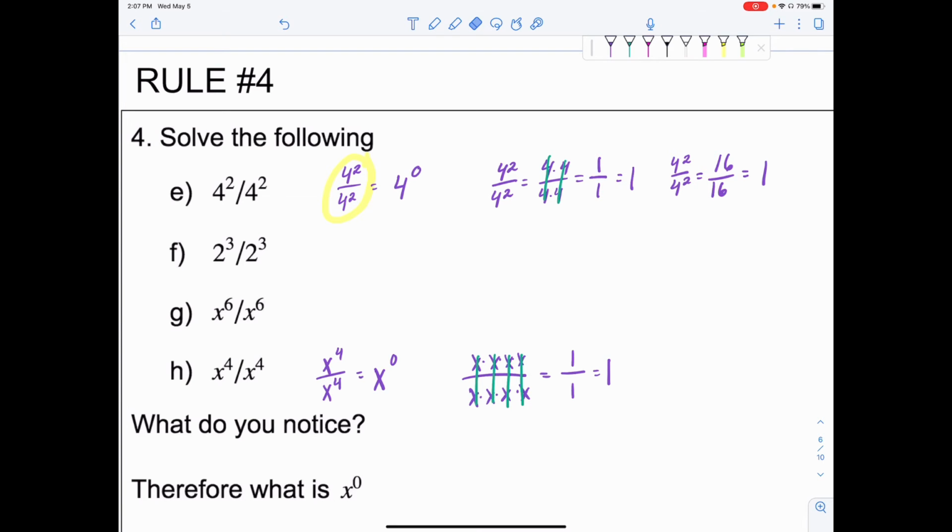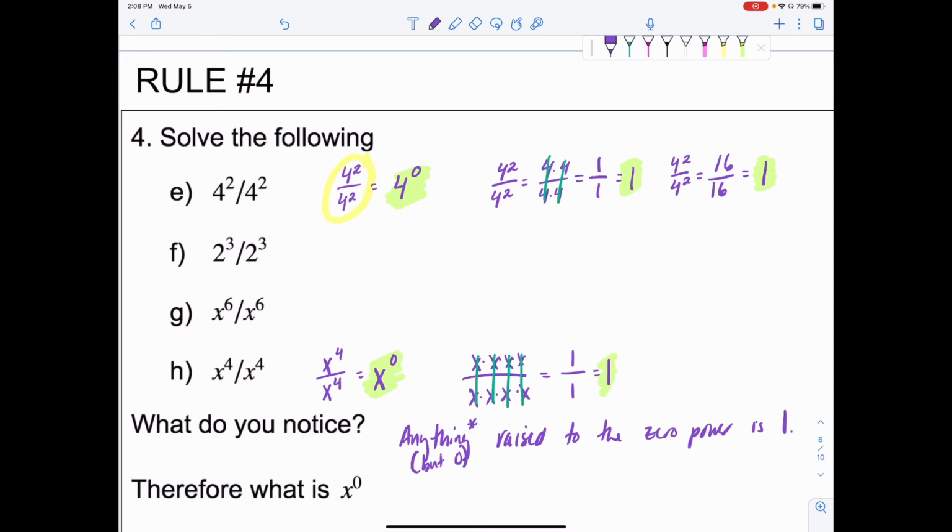So notice when we were looking at it as dividing the same base, we got 0 for both of those exponents. But when we simplified, regardless of which way we simplified, each time we got 1. So the important thing here: anything raised to the 0 power is 1, but there is an exception to that: anything but 0. 0 raised to the 0 power is not defined in our number system.